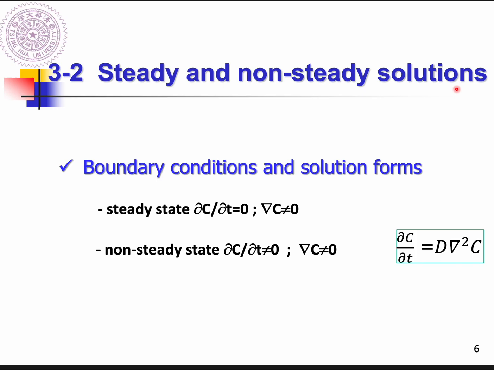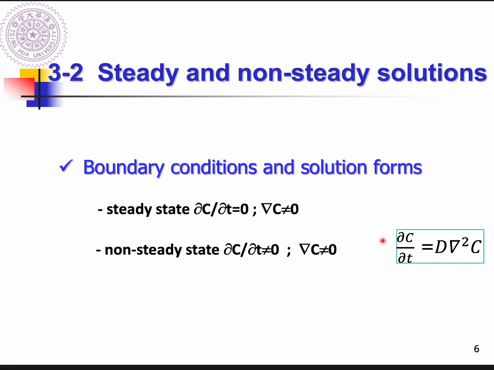So before we formulate the solutions for both these cases, you need to know the boundary condition and the solution for steady and non-steady state. So don't forget, steady state means the concentration profile does not change with time. This equals 0, implying that this Laplace equation equals 0. So we do have a concentration gradient, right?